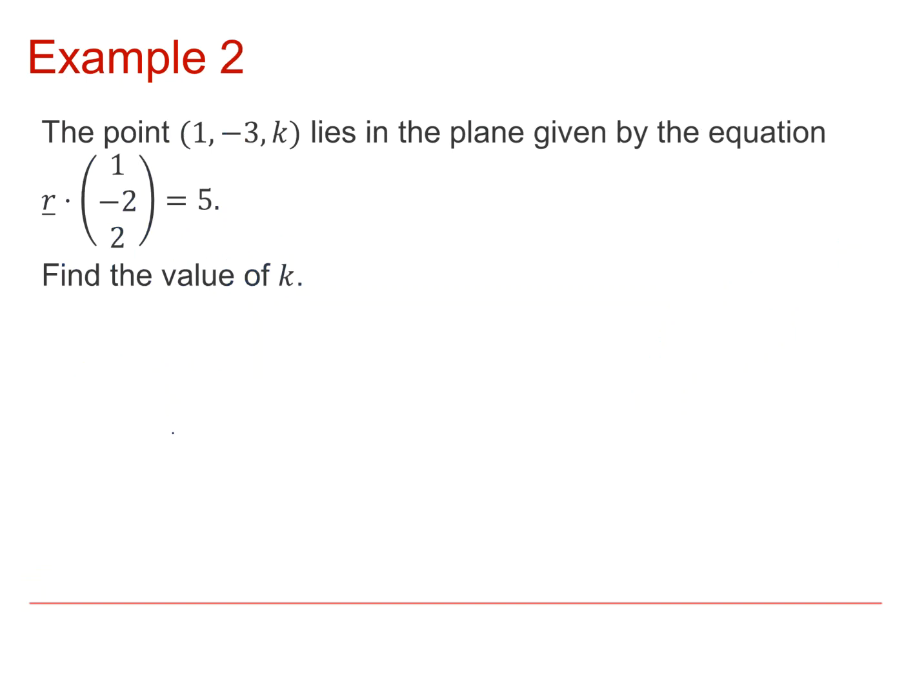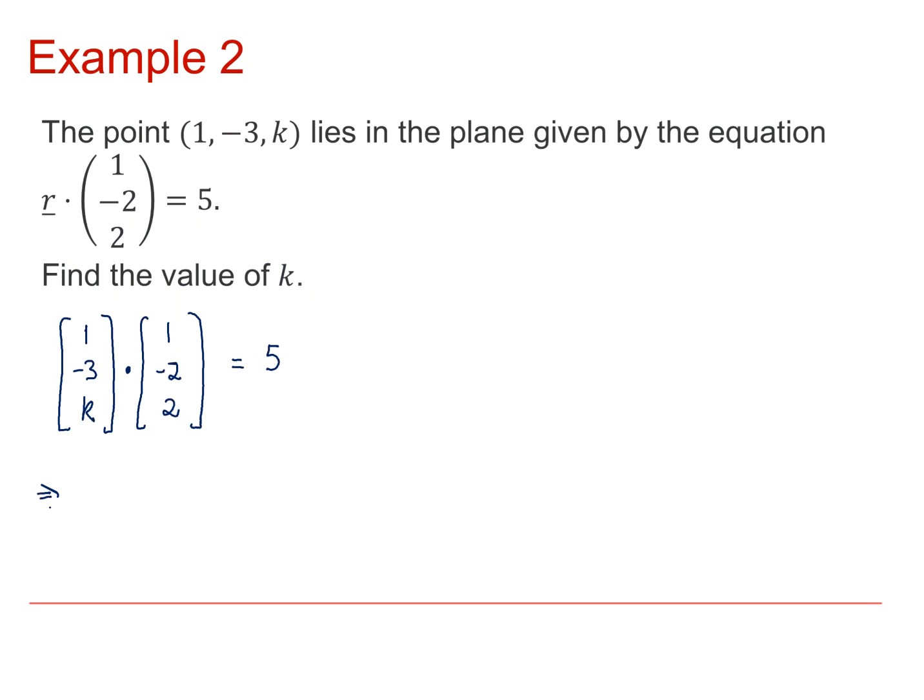We can use this to solve problems as well. I've got a point (1, 1, minus 3k)... the point with position vector i plus j minus 3k lying in this plane... so the position vector of that point is 1 minus 3k. And if I dot that position vector r with the normal vector (1, minus 2, 2), I must get the answer 5.